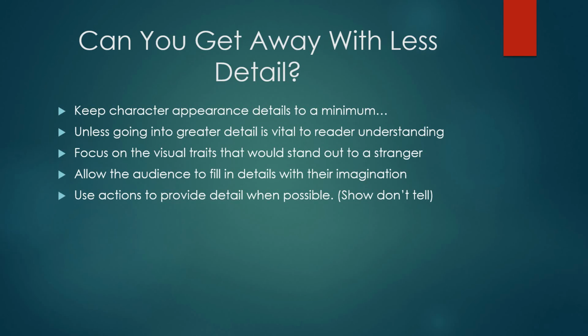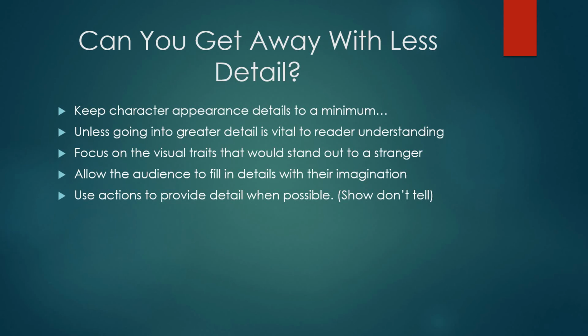And use actions to provide detail when possible, which is the show don't tell, or demonstrate don't explain is kind of how I like to use it. So if somebody's super strong or fast, or is acrobatic or has great dexterity or anything like that, they can perform an action that demonstrates this.